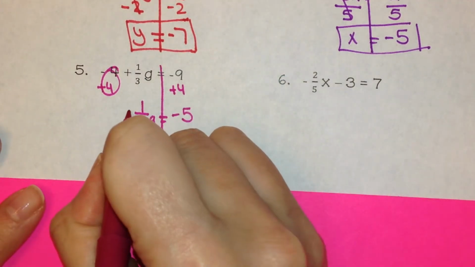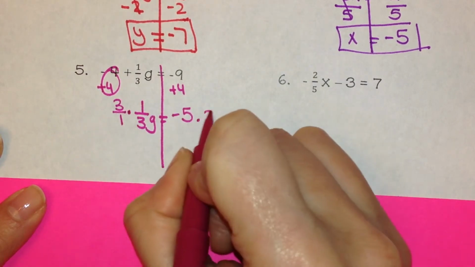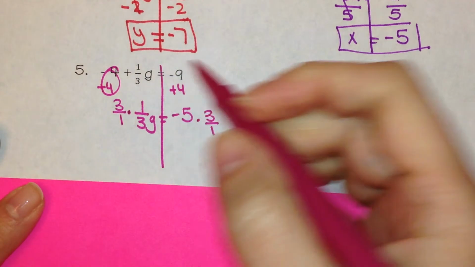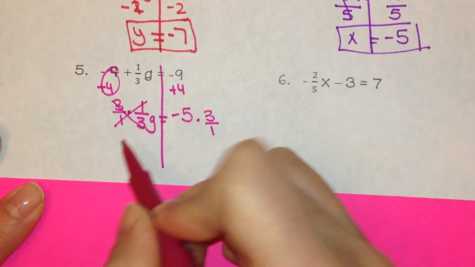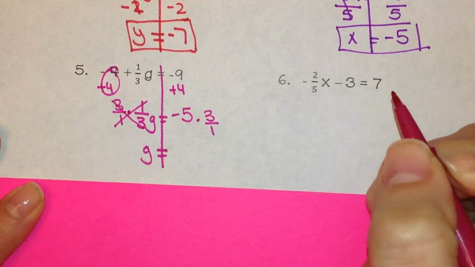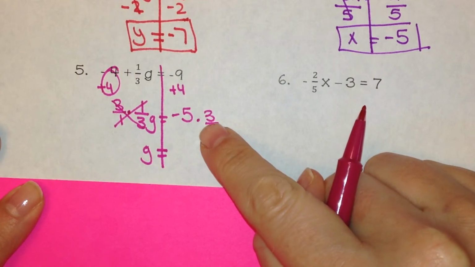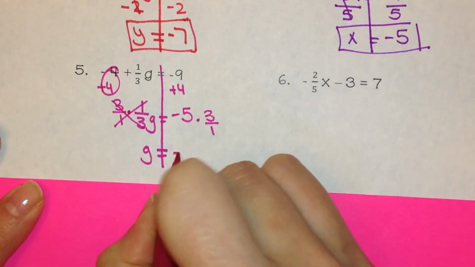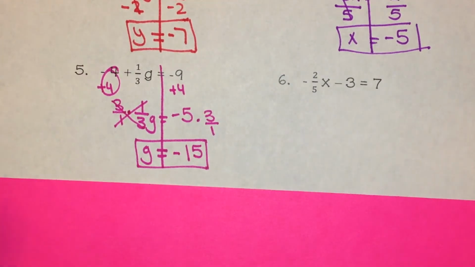So the reciprocal is just the fraction flipped over. So 3 over 1. Okay, 3 divided by 3 is 1. 1 divided by 1 is 1. So that's how I'm left with my 1g, or just g, equals, well, 3 over 1 is just 3. So negative 5 times 3 gives me negative 15. And again, plug it in to check your work.